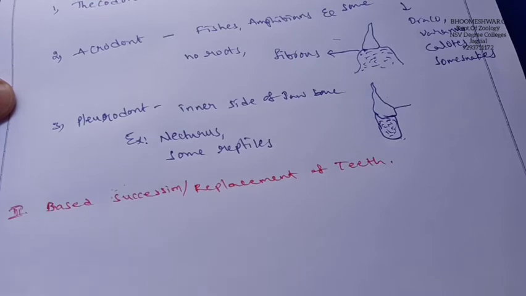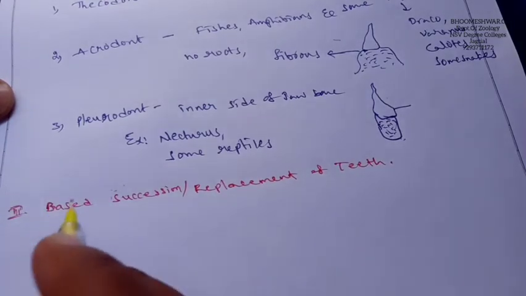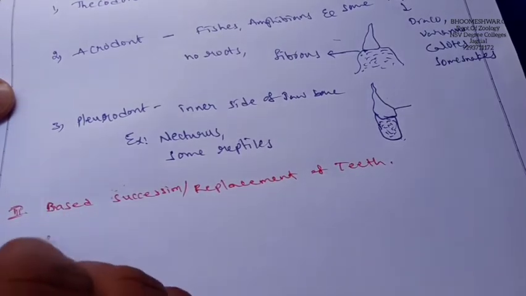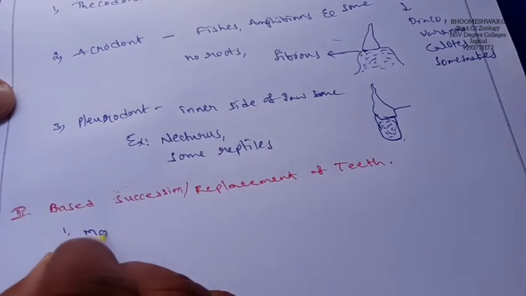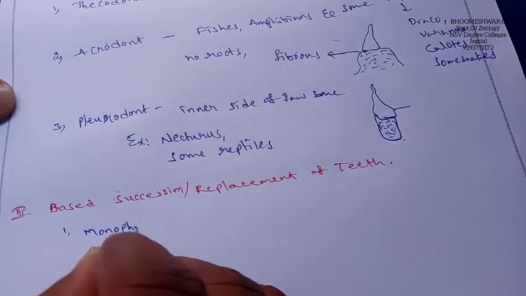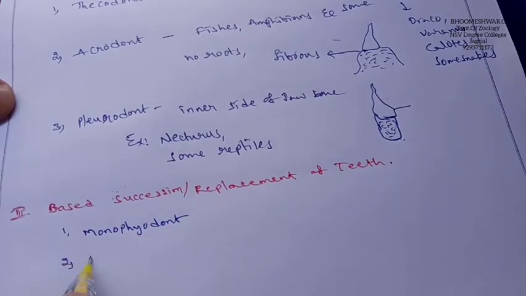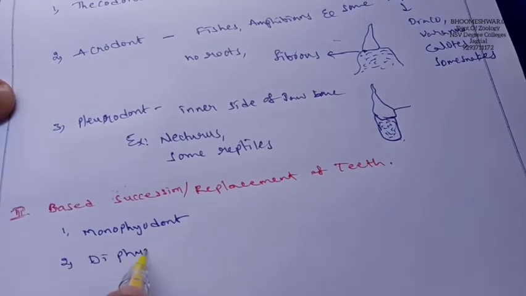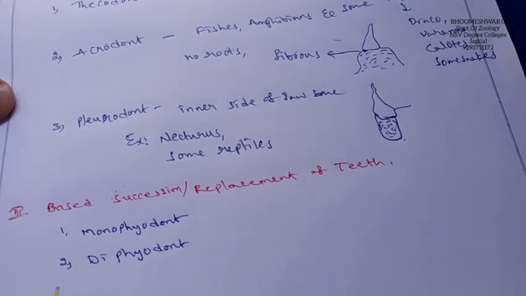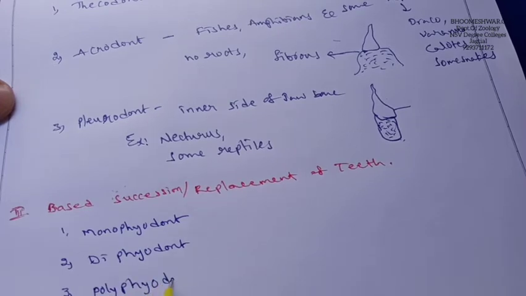Based on replacement, the teeth can be classified into mainly three categories. The first type is called monophyodont, the second type is called diphyodont, and the last, the third one, is called polyphyodont condition.